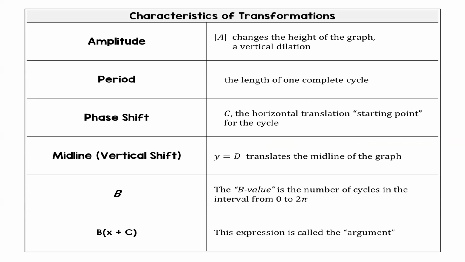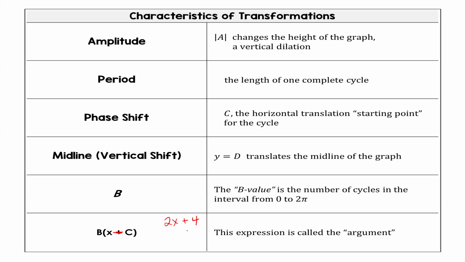And then when you're remembering, the expression is called the argument. So right here, B parentheses x minus C, it has to be in this format. If it was written as, let's say, 2x plus 4, that is not in the correct argument.